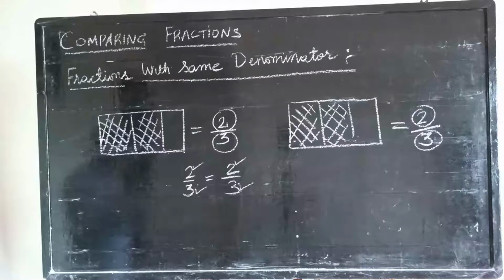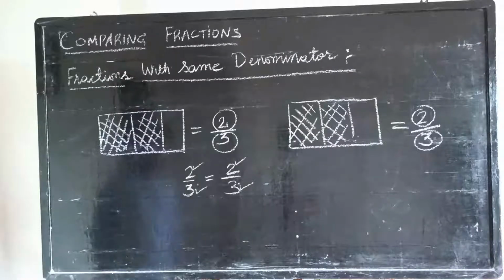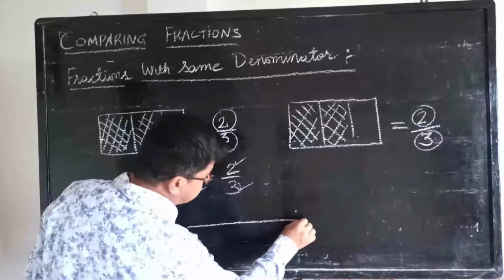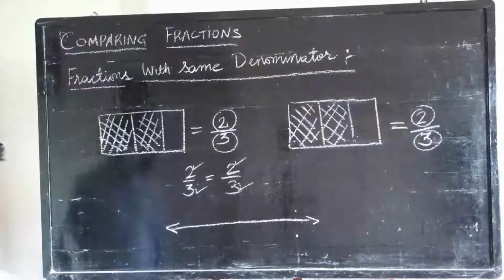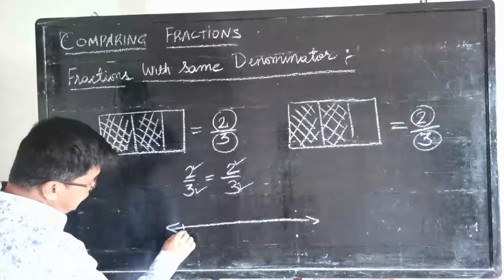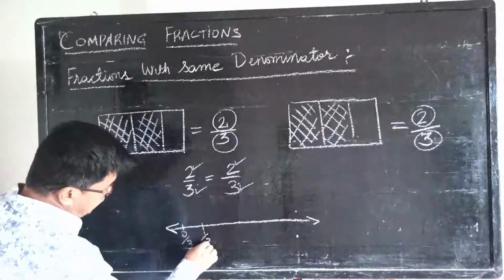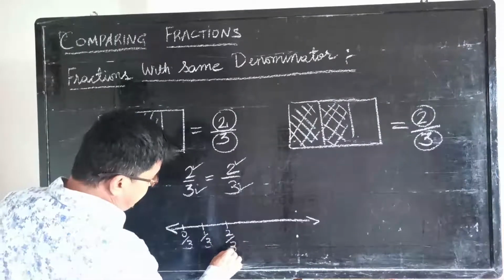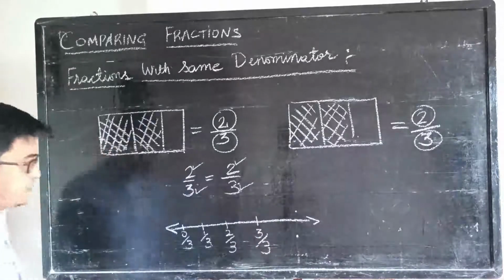Now we can show the upper fraction in number line too. This is the number line. Now here comes 0 upon 3, 1 upon 3, 2 upon 3, and last one is 3 upon 3.